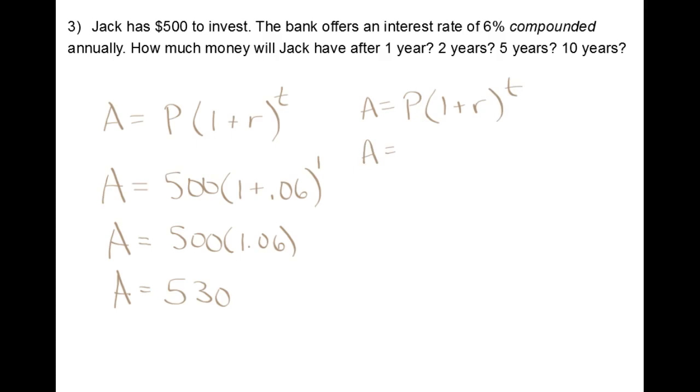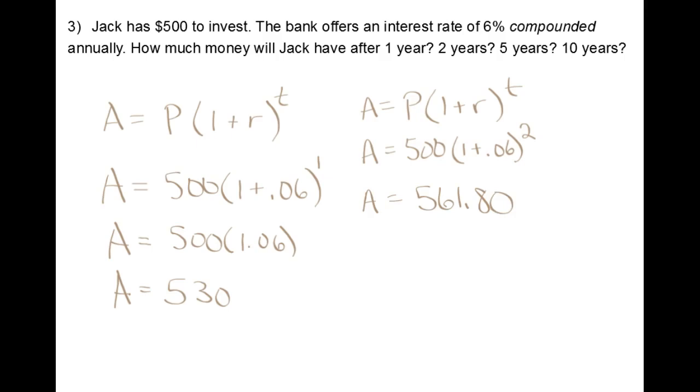So again, I plug in, most of the things are going to be the same, 500 times 1 plus 0.06, but now it's to the second power. We get a calculator and we get 561.8, so $561.80.